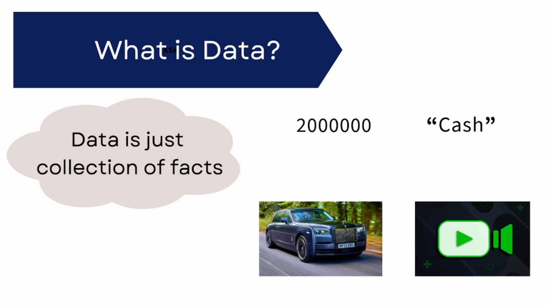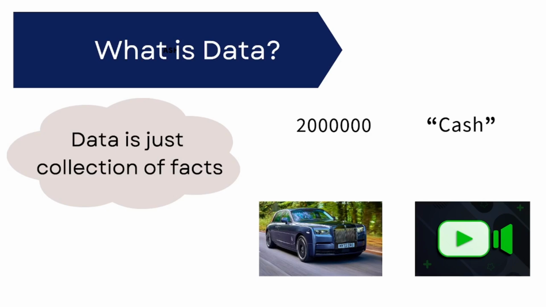And of course, it's not necessary that data is only limited to numbers and text. Data can also be present in the form of images, can also be present in the form of videos like YouTube videos or online content, especially now after the boom of the internet.